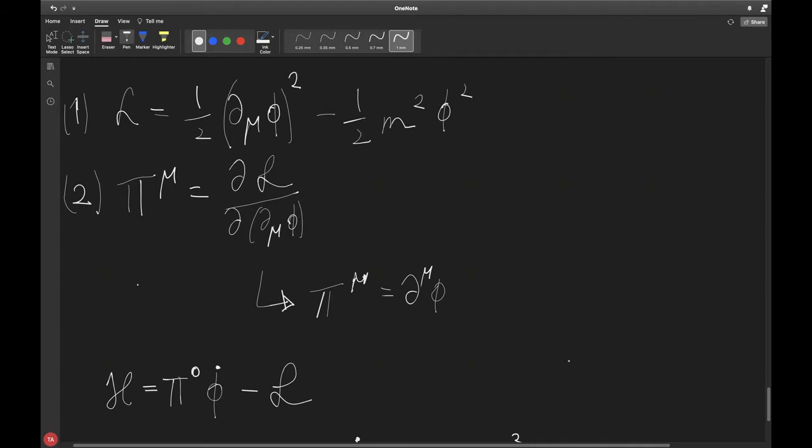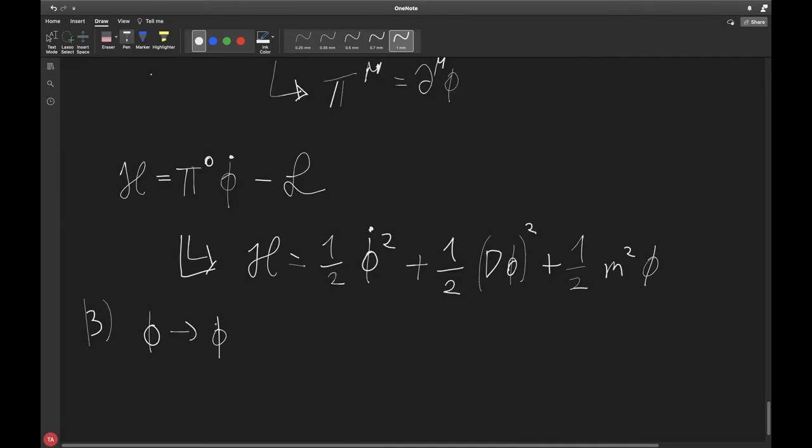So the next step, step number 3, was to treat this phi and pi as operators. So pi 0 is going to be the pi 0 with the hat.